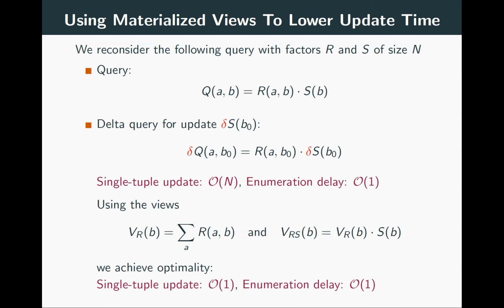But imagine the following situation. Imagine that now I use the following views. In R, I want to keep all the B's that I have in R, and maintain the list of B's in R, right? At the same time, I want to maintain the list of B's that are in both R and S. So maintaining the B's would be here, we just aggregate away A, and maintaining the common B's is here.